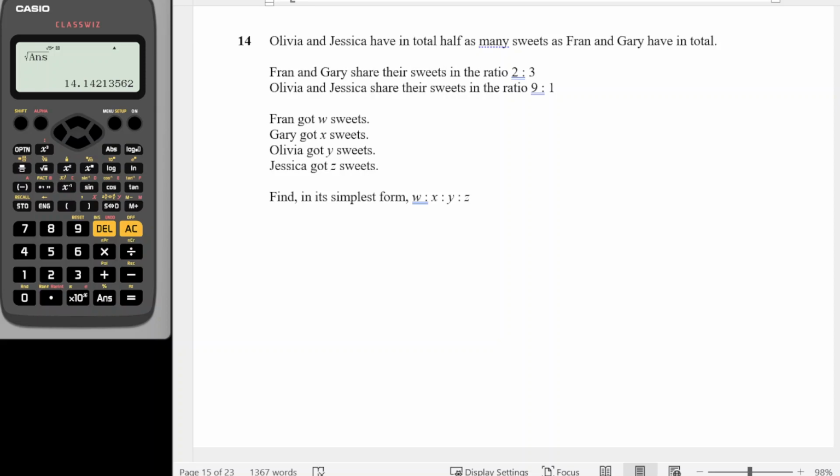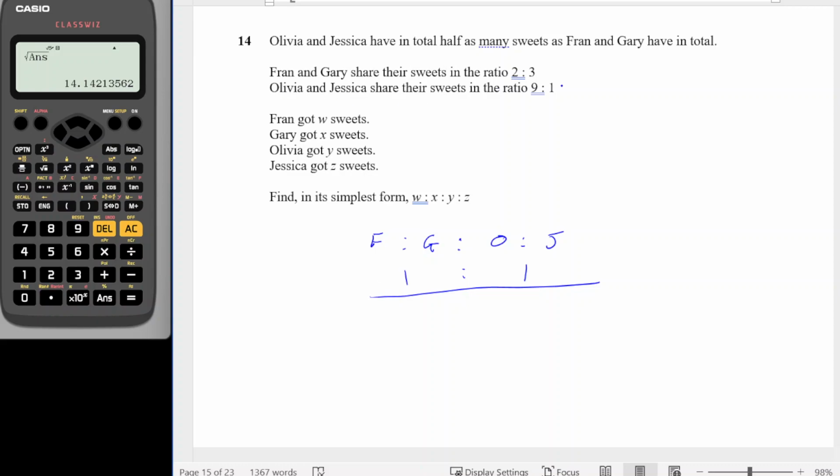Okay, so let's just start it off. We can't combine these yet, but I'm going to set it up for a combination: F to G to O to J. First of all, in effect, they have an equal amount of sweets to each other, so we can say that their shares are 1 to 1, which we'll use shortly.